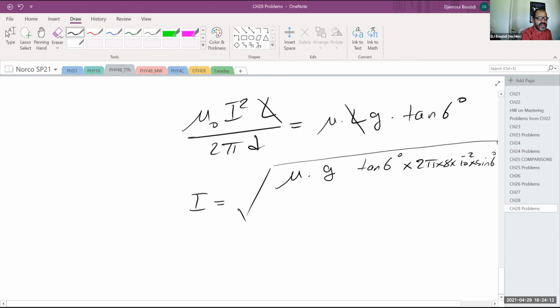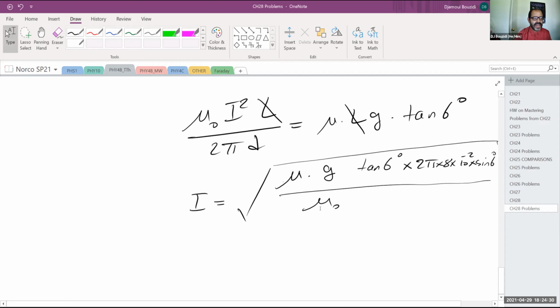So we took care of everything in the numerator. Now we have to deal with the denominator. The denominator has mu naught in it, which is a constant, 4 pi times 10 to the negative 7. And that's all the things that we need.